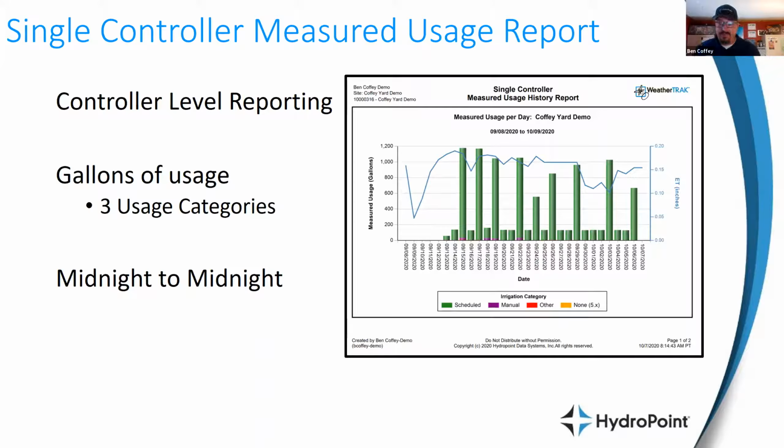If you use the master valve override, I teach a lot of my guys to, if they have battery operated valves that they inherit in the field when they switch to WeatherTRAK, as a temporary solution to make it work while you get wires to those valves, I teach them to use the master valve override feature, open up the master valve for those battery operated valves to run inside of.